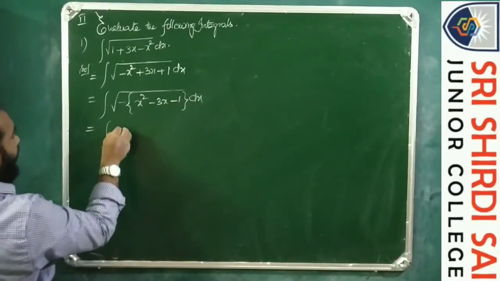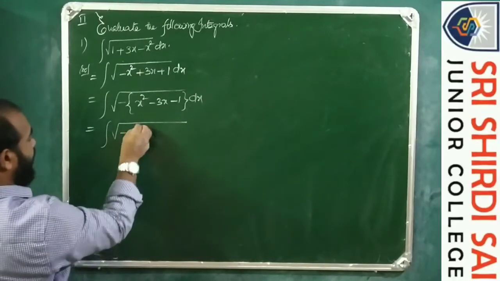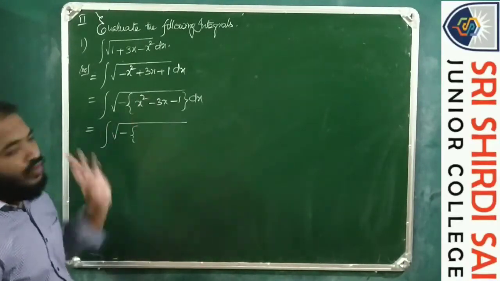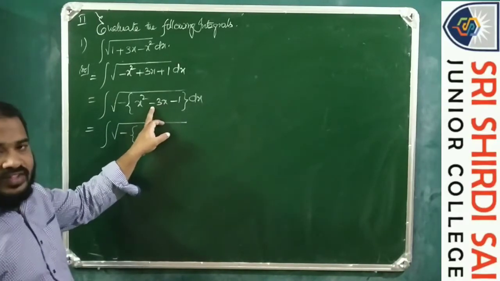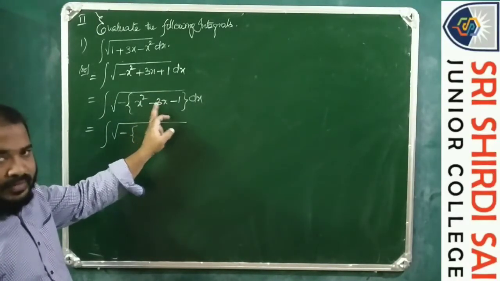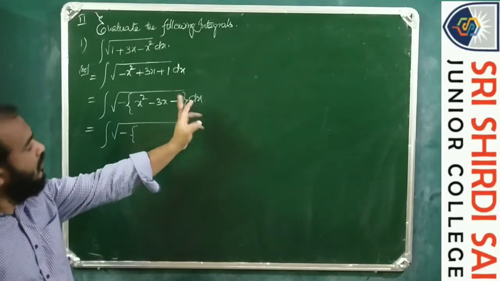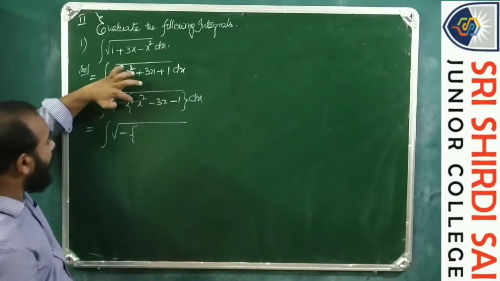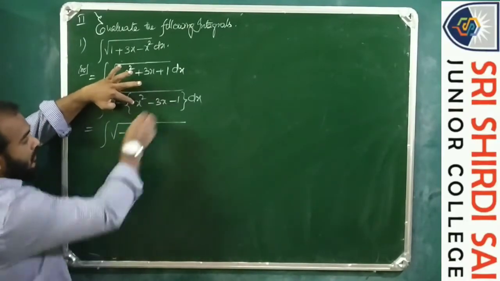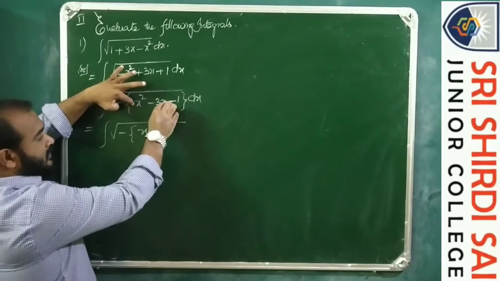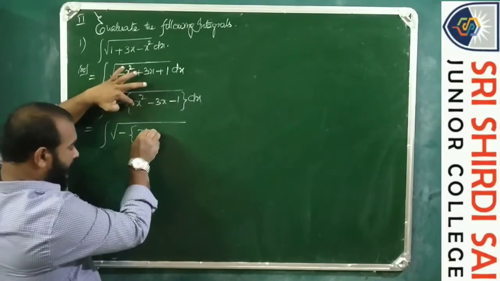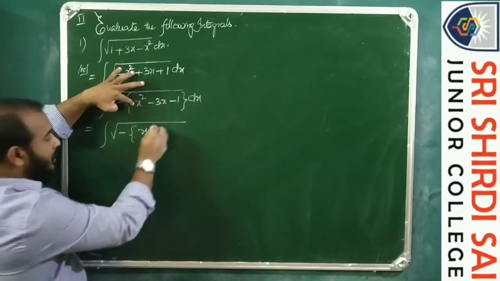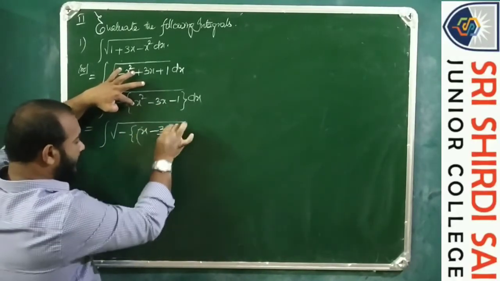This is equal to the integral of minus, now this we have to convert into (a minus b) whole square because the x coefficient is minus here. So a square minus 2ab plus b square, minus b square we have to add. Instead of that process, the shortcut is: for x square you write x. Here the x sign is negative, therefore write the same sign. So the x coefficient is 3, half of it, so 3 by 2. Now complete the square.